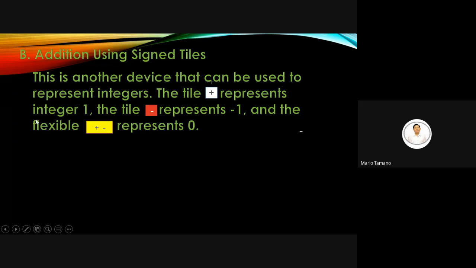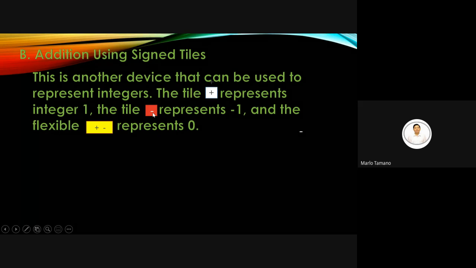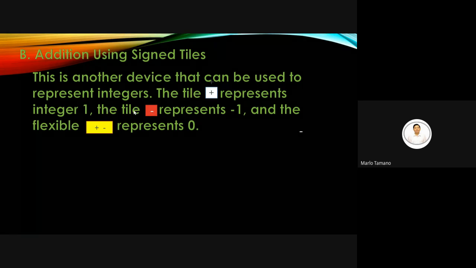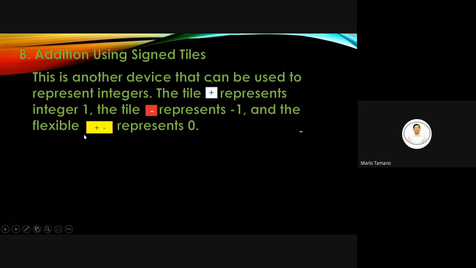We have the positive square, which is white, and the negative square, which is red. And the one that has both positive and negative, yellow, represents 0.